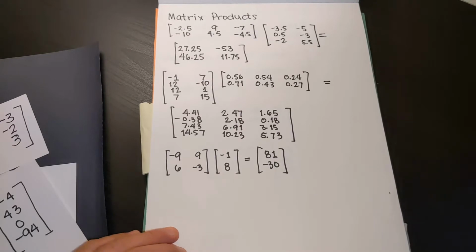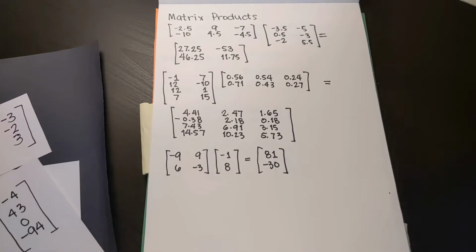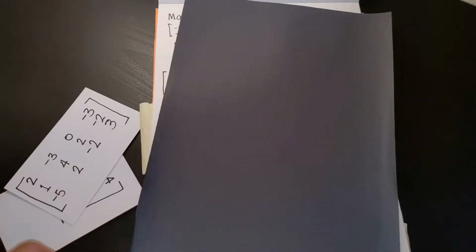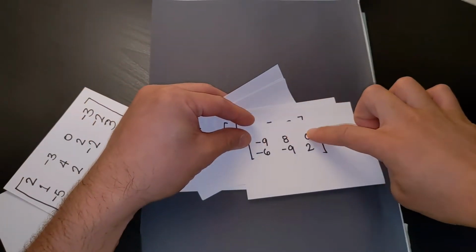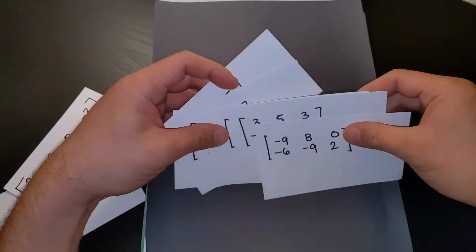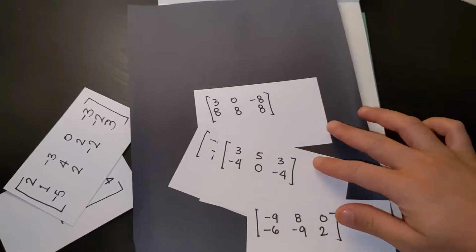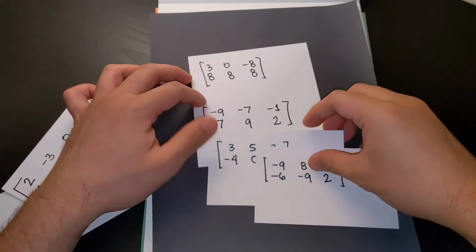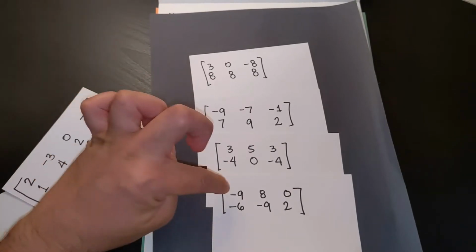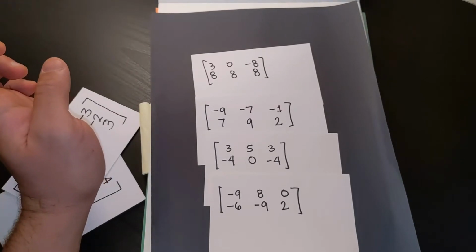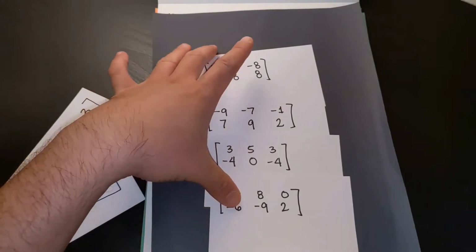A tensor can look like these. They have rows and columns of numbers, but they can also have layers of numbers. So this is a 2 by 3 by 4 tensor. 2 by 3 by 1, 2, 3, 4 layers.